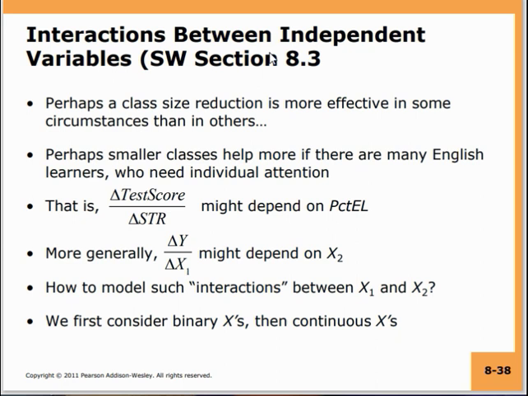How much does a class size reduction, what effect does it have on the academic performance of students in those classes? Perhaps class size reduction is more effective in some circumstances than in others. Maybe smaller classes help more if there are many English learners.